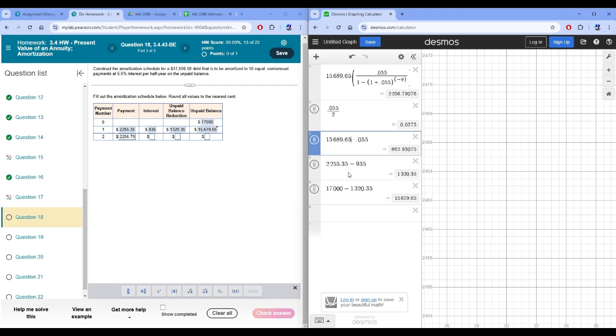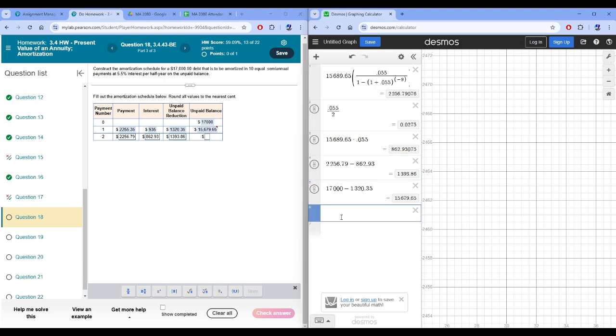15,689.65 times that. So my interest is 862.93. My unpaid is going to be that minus that, so it's going to be 2256.79 minus 862.93, which gives me 1393.86.